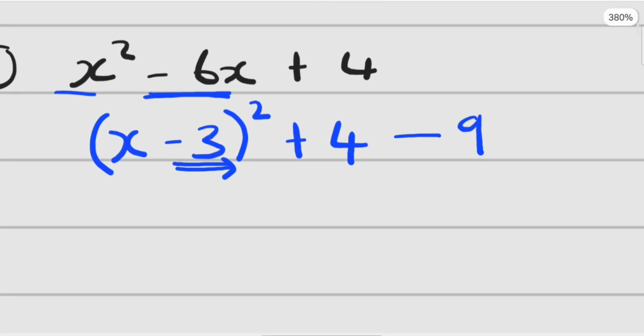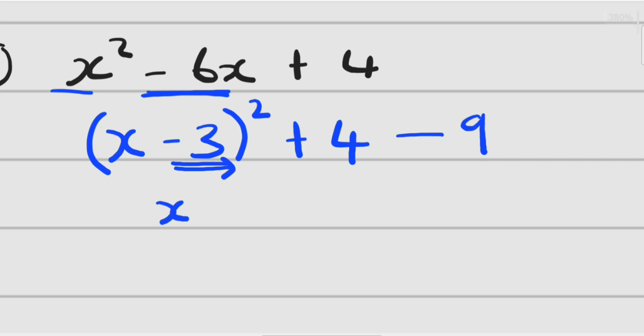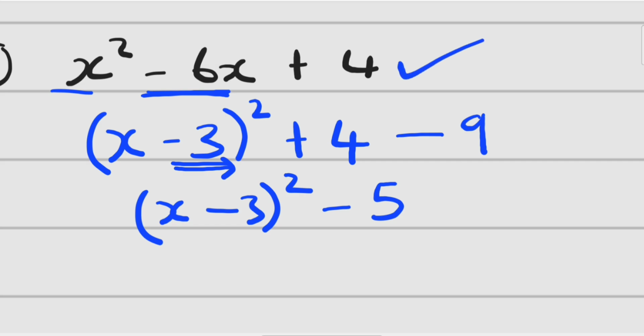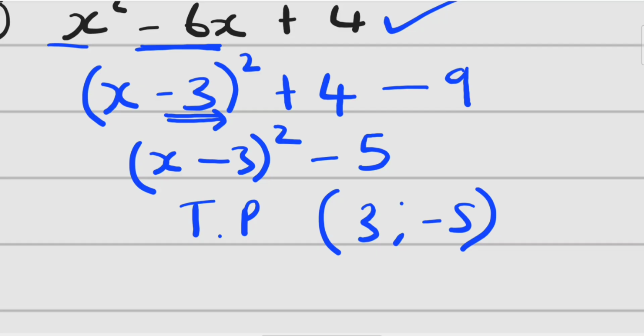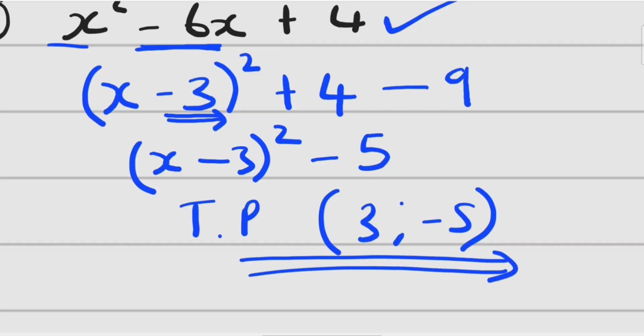So our final answer here will be x minus 3 squared minus 5. And to get the turning point of this quadratic graph, the turning point is 3, minus 5.